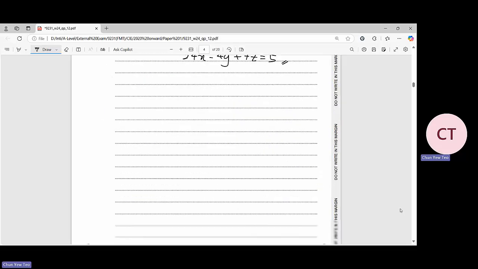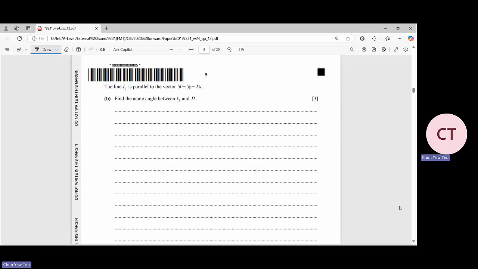So now we move on to number 2b. Now we have line number 2 parallel to this vector 5i minus 5j minus 2k. We want to find the acute angle between line number 2 and the plane pi. So we have a plane pi over here, right? And let's say line number 2 goes like this.